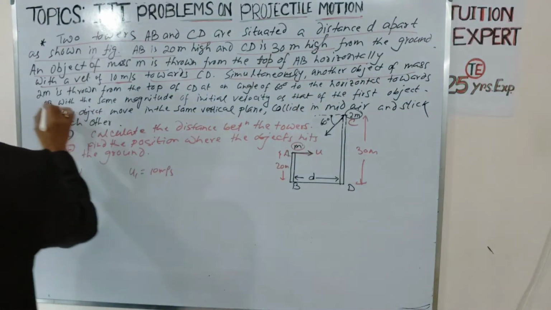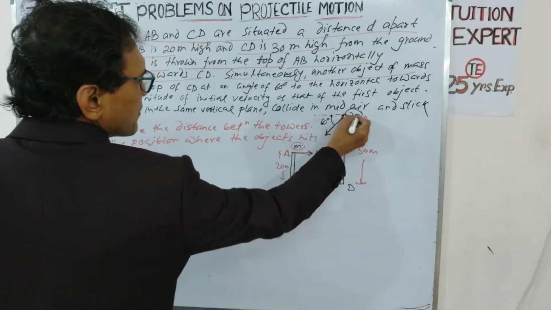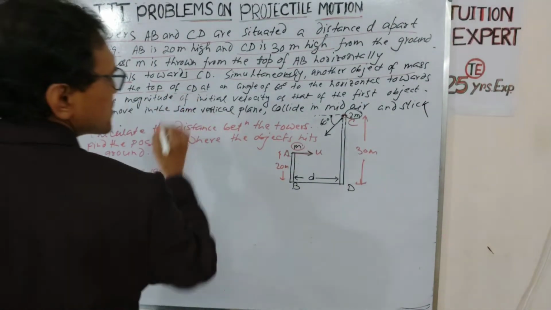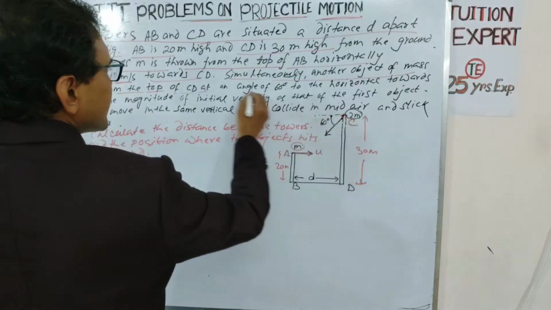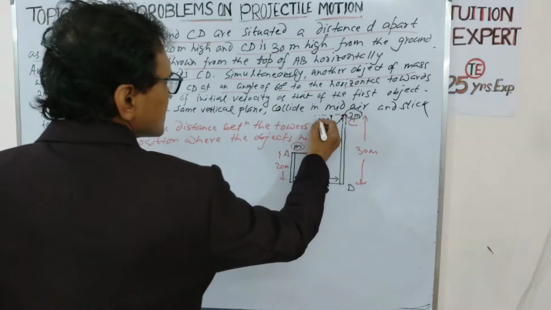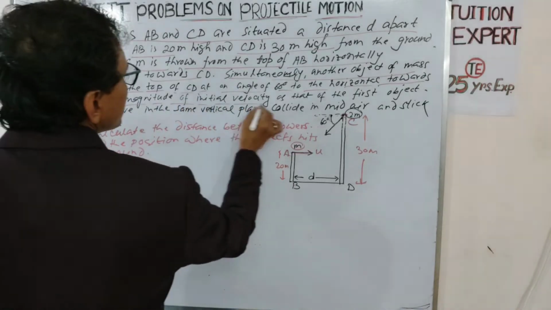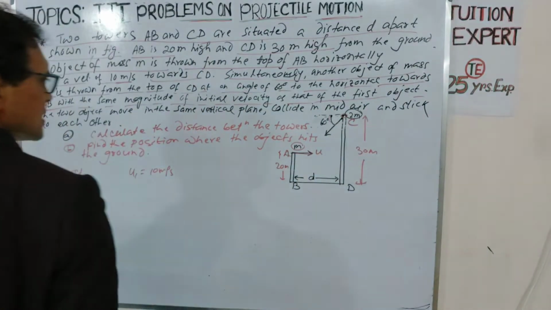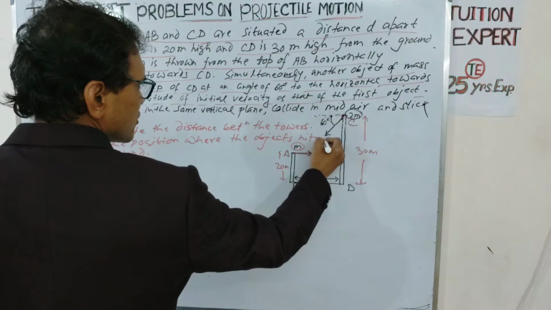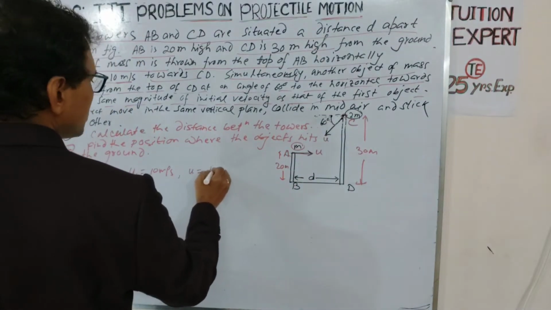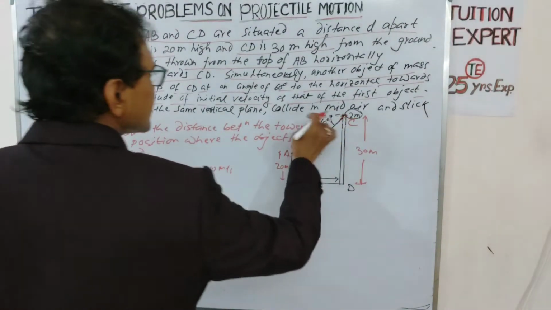Simultaneously another object of mass 2m is thrown from the top of CD at an angle of 60 degree to the horizontal, towards AB with the same magnitude of initial velocity as that of the first object. That is, this velocity is also 10 meter per second, but at an angle 60 degree to the horizontal.